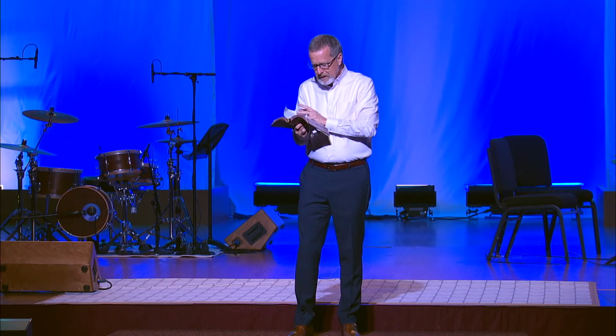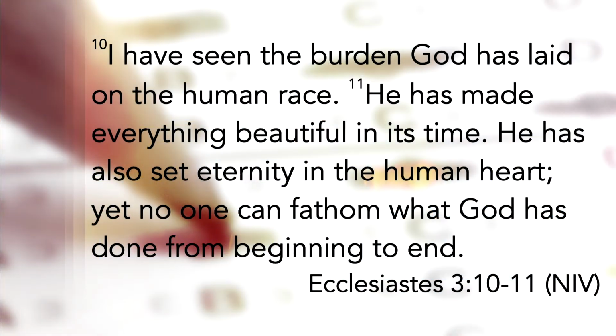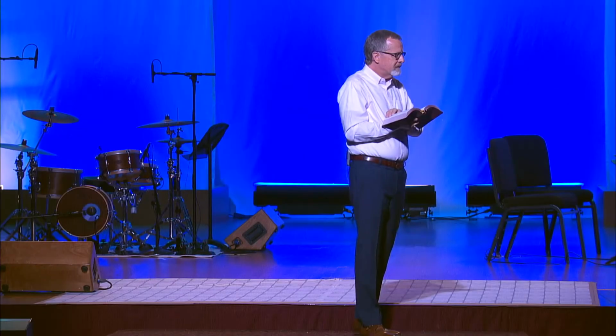Ecclesiastes chapter 3, verse 10: I have seen the burden God has laid on the human race. He has made everything beautiful in its time. He has also set eternity in the human heart, yet no one can fathom what God has done from beginning to end. He has set eternity in the human heart.